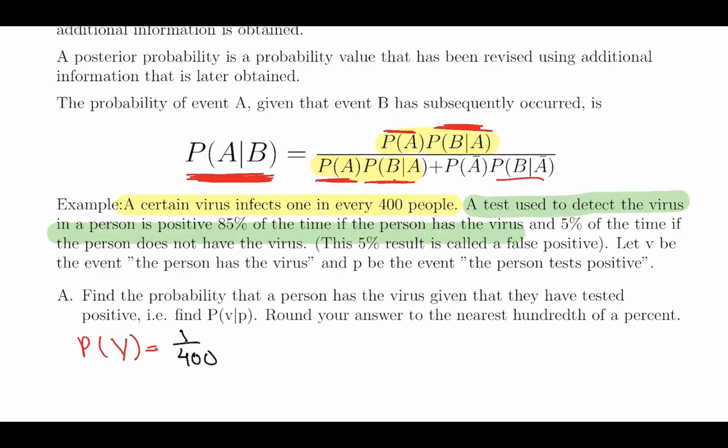In this scenario, what do I already know? Do I already know they tested positive, or do I already know they have the virus? If you want, you can put in the chat whether they have the virus or not. So what do we already know? Do we already know they have the virus, or do we know that they tested positive?